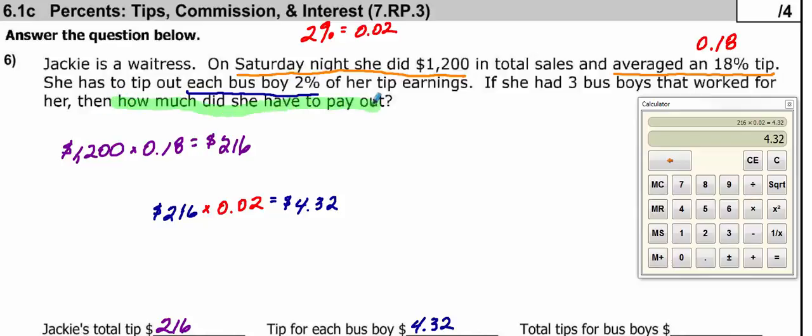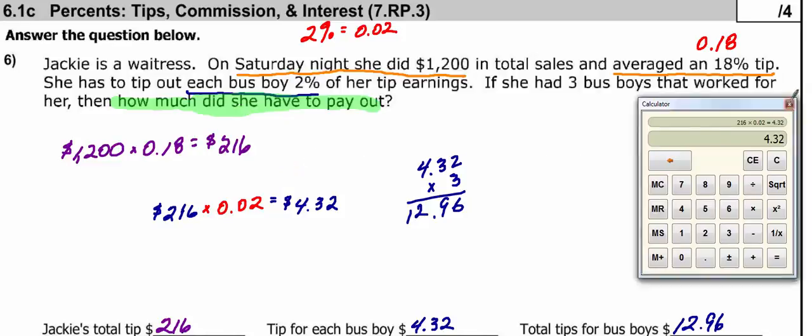Basically, how much money did Jackie share from her $216? Well, she shared $4.32 times 3 busboys, 6, 9, 12. She shared $12.96 altogether.